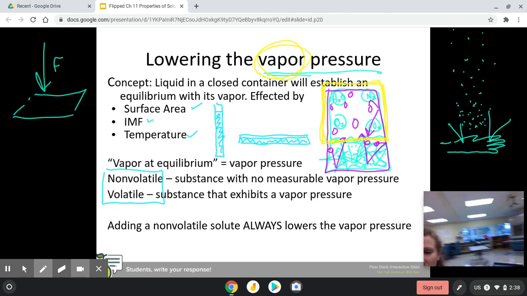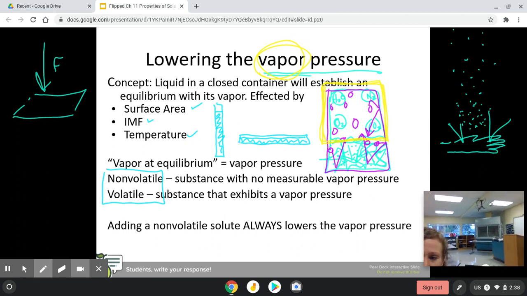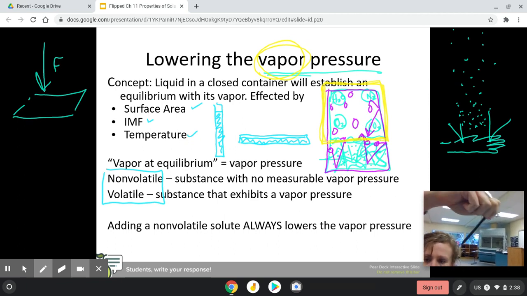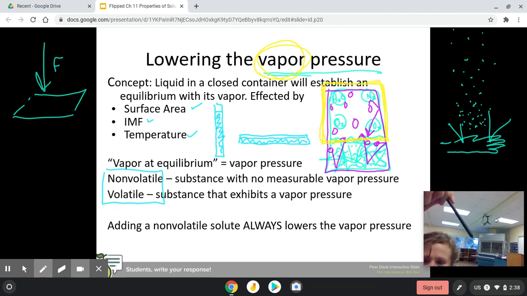So if you can see across the room, this thing right there, that's called a hood.